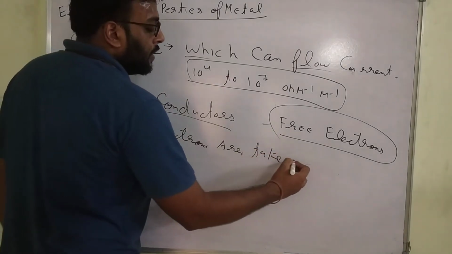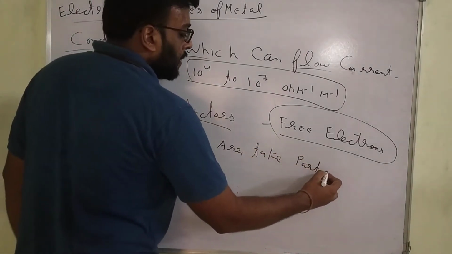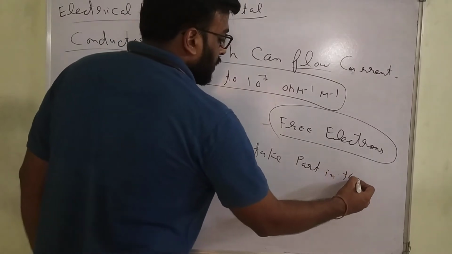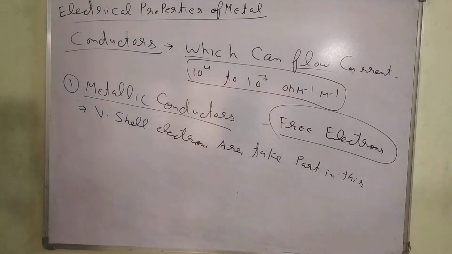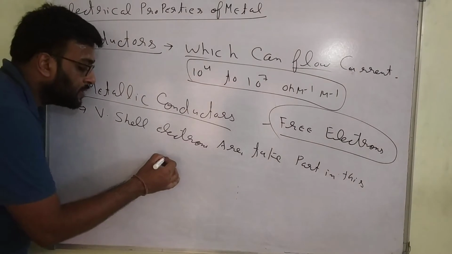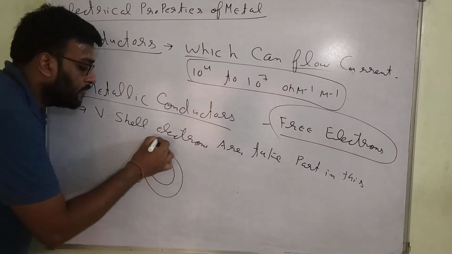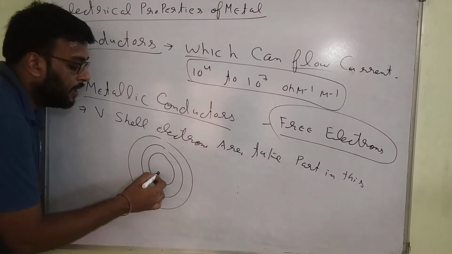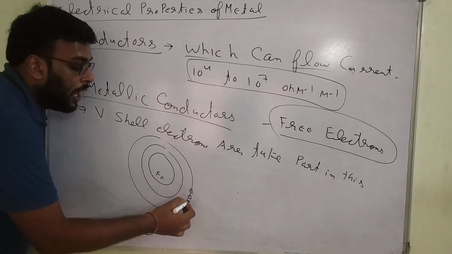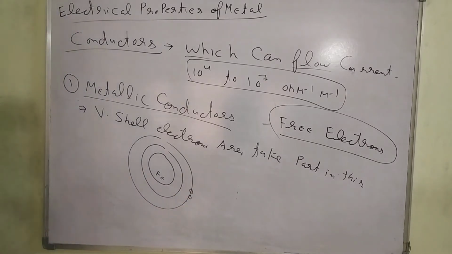Free electrons mean valence shell electrons. What is the valence shell? Suppose I take the example of any metal, Fe. The outer shell electrons are called valence shell electrons.